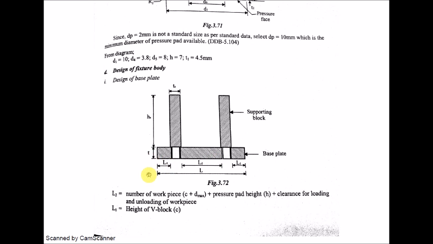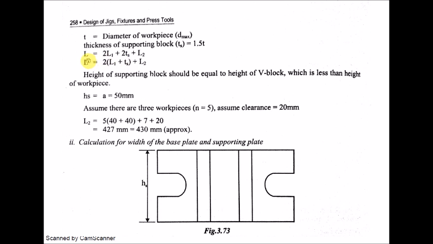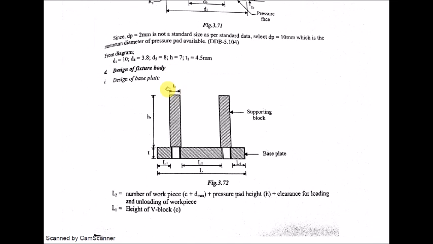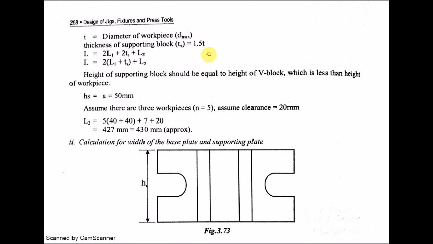So if you see the length, the total length will be L is equal to, and before that the T value is equal to the diameter of the workpiece D max, and the thickness TS of the supporting block should always be 1.5 times the diameter of the workpiece D max, or you can say T. And what is the total length L?